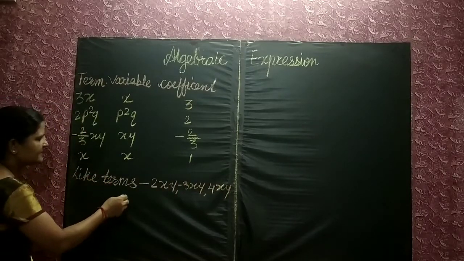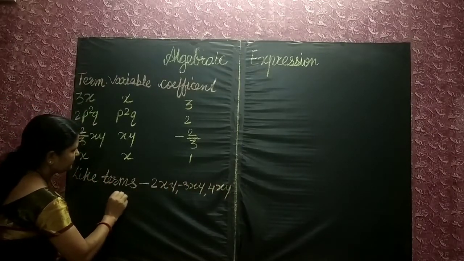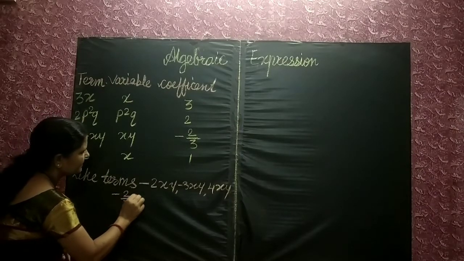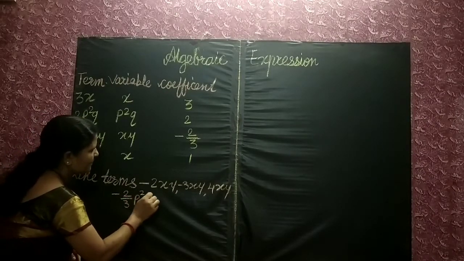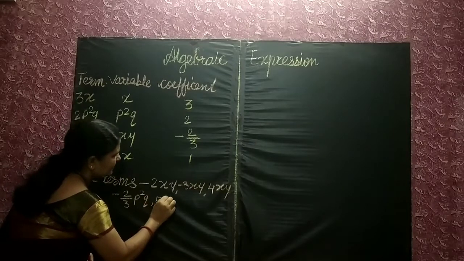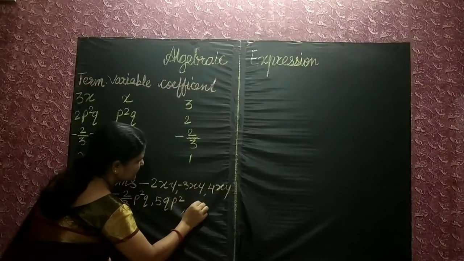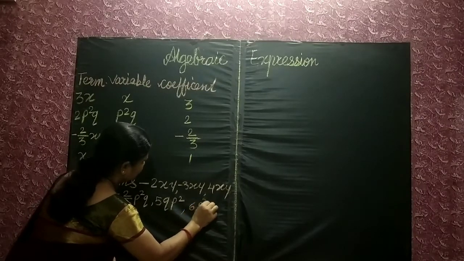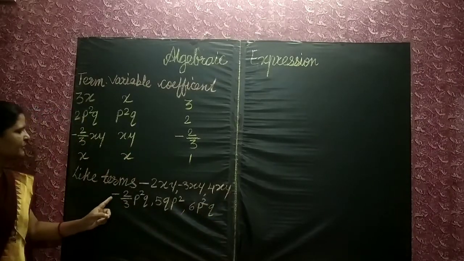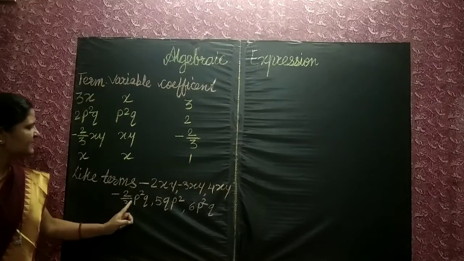One more example of like terms: negative 2 upon 3 p square q, then 5q p square, 6 p square q. Here we can see 3 expressions are given.